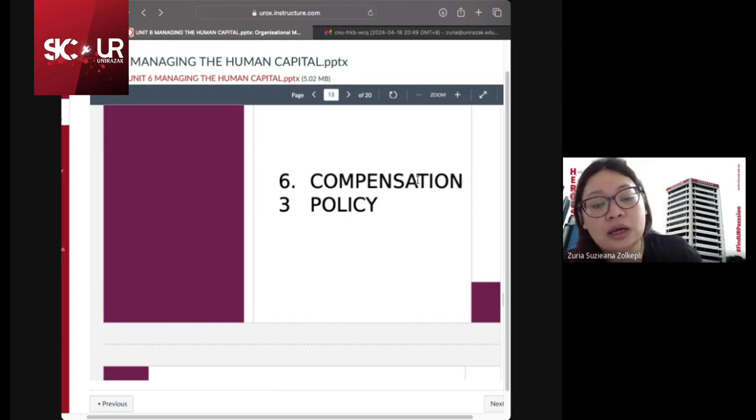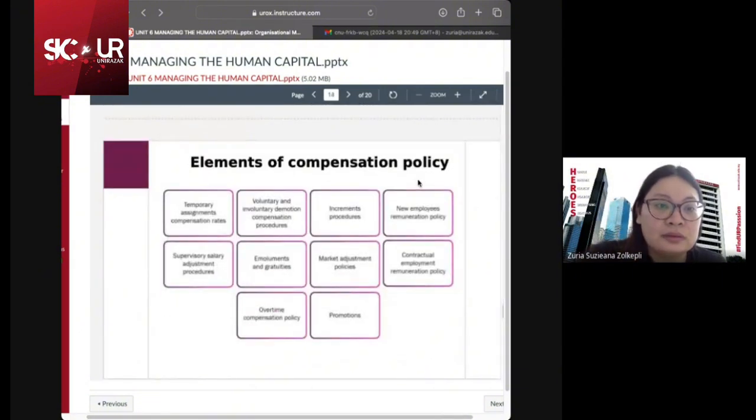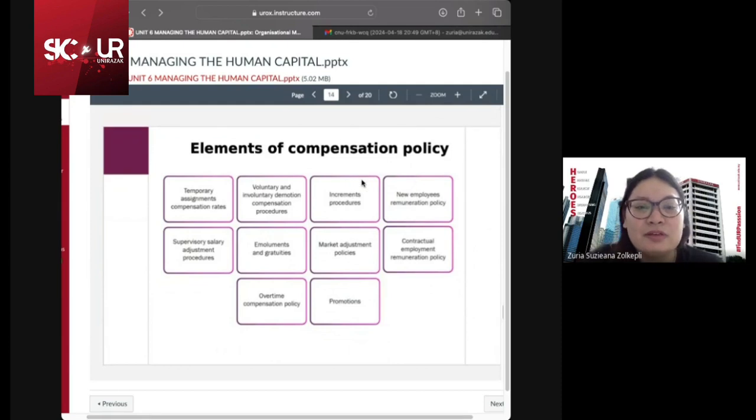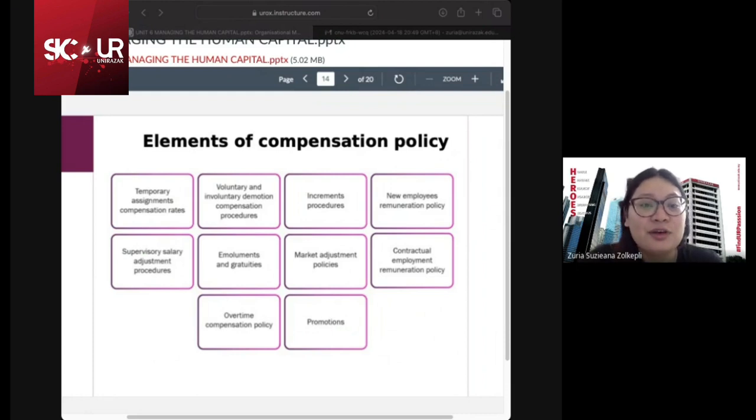One of the elements in motivation is compensation, right? Why we give compensation is because we want to reward our employees to drive their motivation. So, elements of compensation policy.